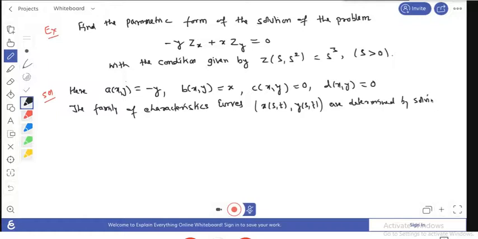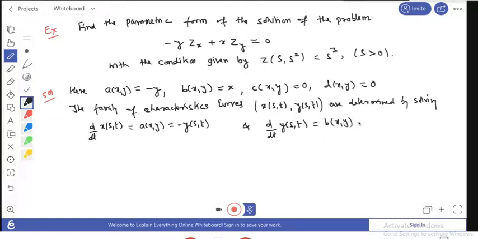By solving these two differential equations, d by dt of x with respect to t equals a of x, y, and here a is minus y. And the second one, d by dt of y equals b of x, y, and here b is simply x.